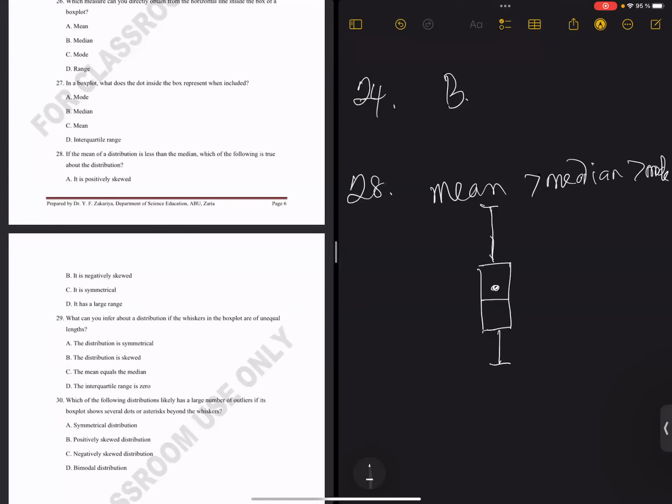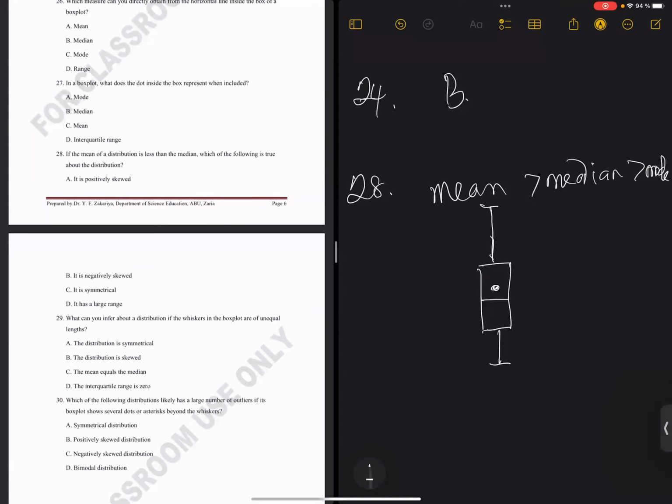The median is this horizontal line and the mean is above it. So is this distribution positively skewed or negatively skewed? It's positive. It will always be positive.